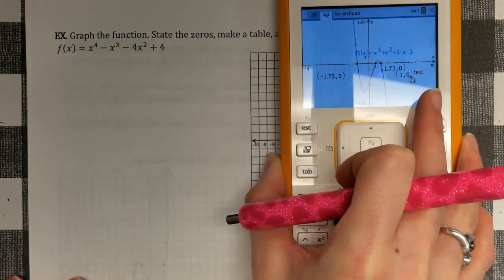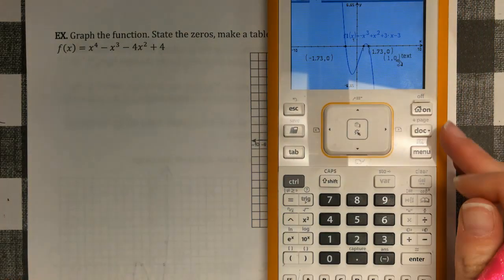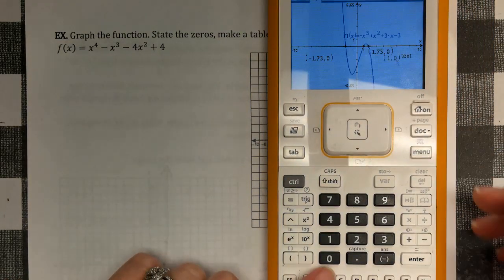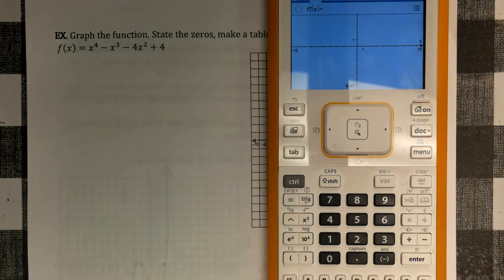So then we're going to do the same thing. To get rid of this, just dock B, and it will clear it. So my function, x to the fourth minus x cubed minus 4x squared plus 4, is what I'm typing in.